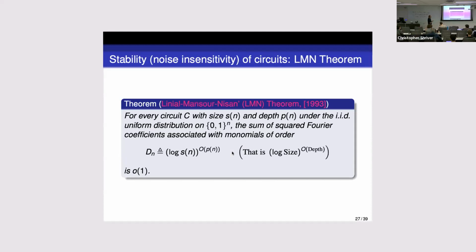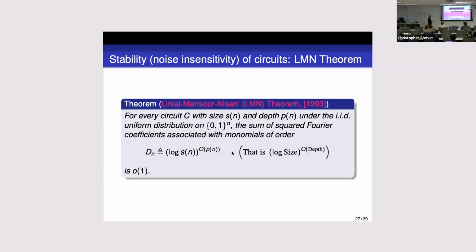Unfortunately, for the formal understanding of this theorem, one needs to be familiar with Fourier analysis on a Boolean cube, which I don't expect you to be, but if you are, then that's the language in which this is stated, but I will paraphrase it in more humane language shortly.